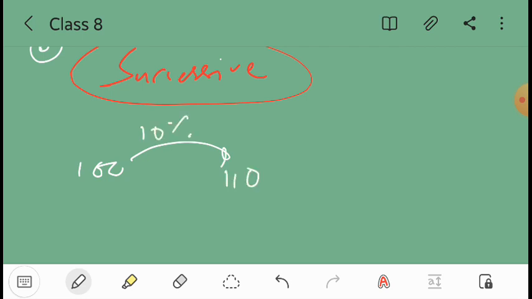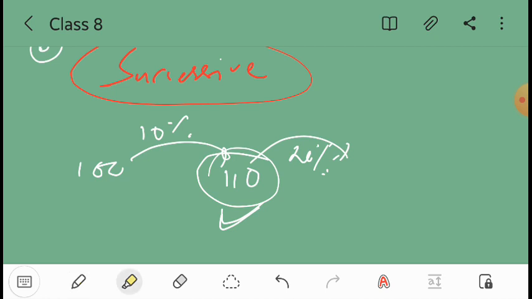So it will be 110, right? And again it will be 20% increased. That means this 20% increase will be counted over this 110, not over the first one, right?